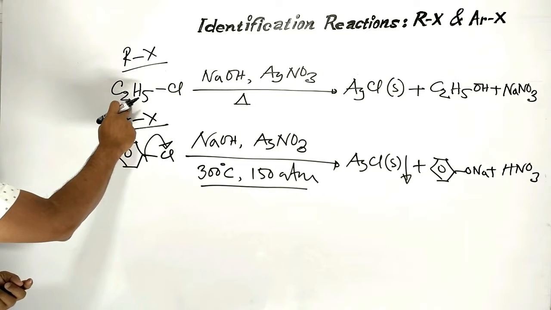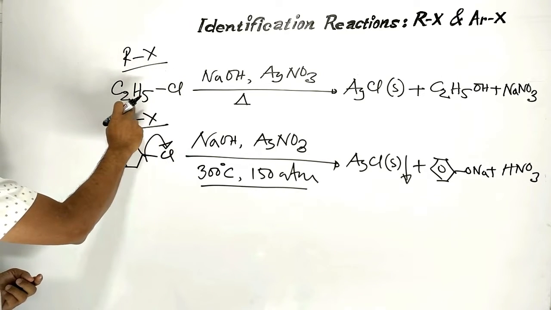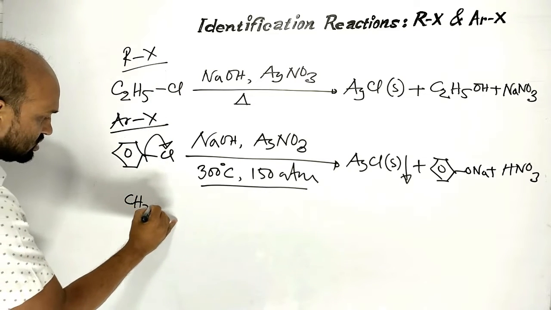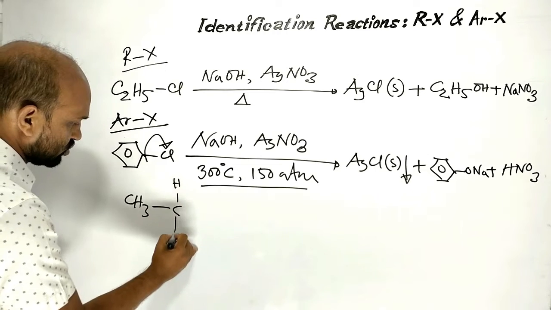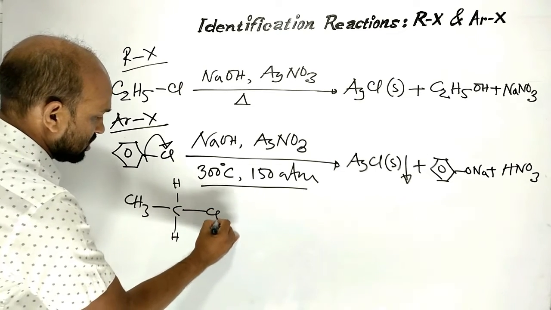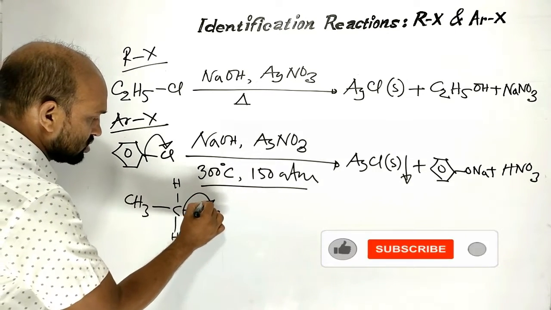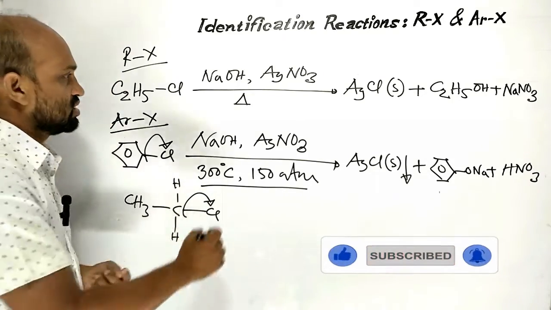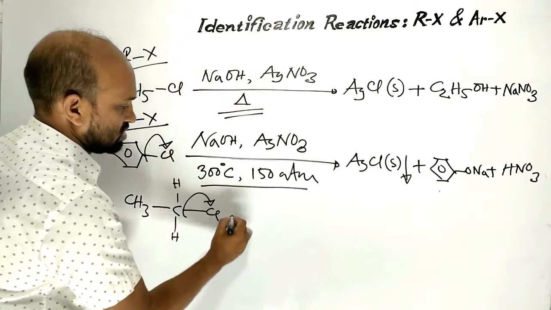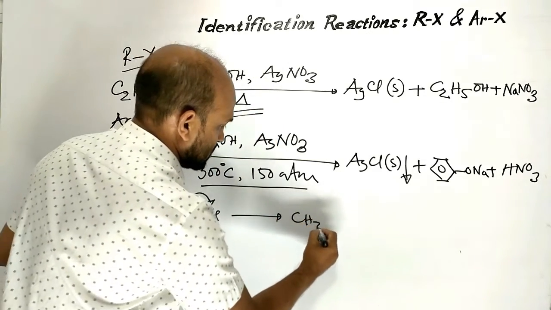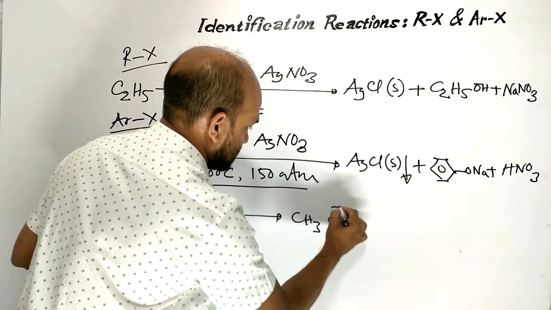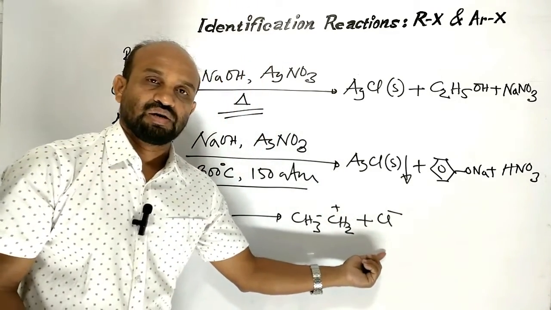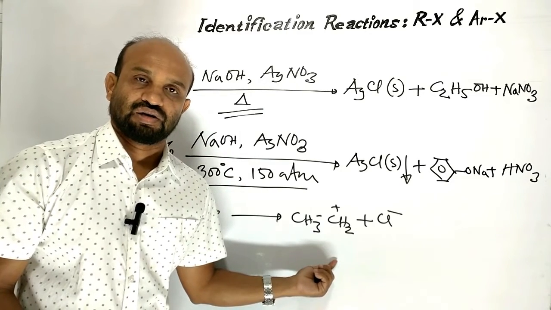But in case of alkyl halide, suppose ethyl chloride, CH3 CH2 Cl, this carbon-chlorine bond undergoes hydrolytic fission at normal condition to form this ion, chloride ion and alkyl cation.